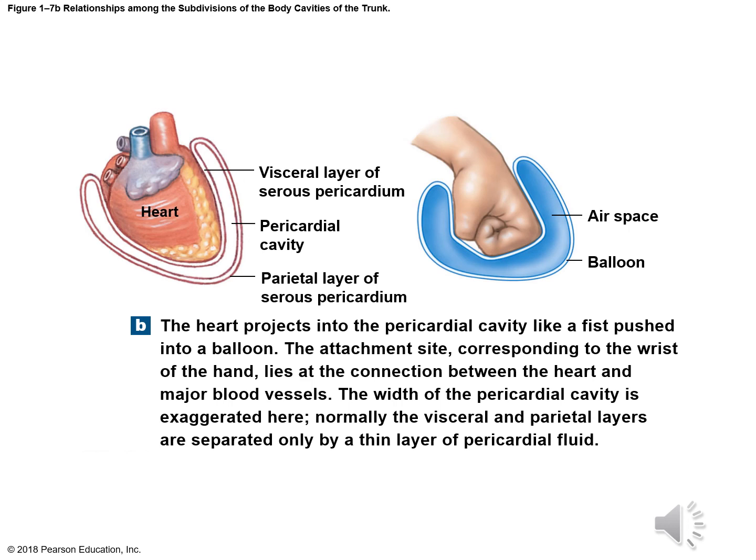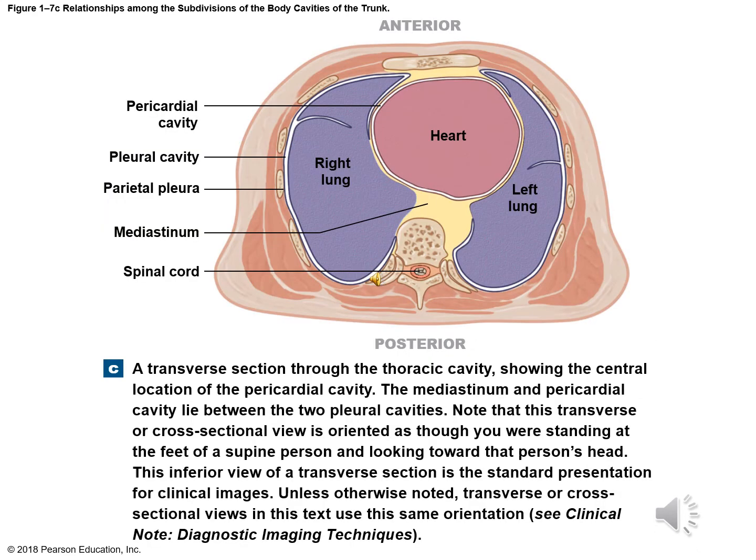The pericardial cavity contains the heart, and the serosa is called the pericardium. The visceral pericardium will cover the heart, and the parietal pericardium will line the cavities. In the thoracic cavity, we have the pleural cavities for the lungs, the pericardial cavity, which houses the heart, and we also have the mediastinum.